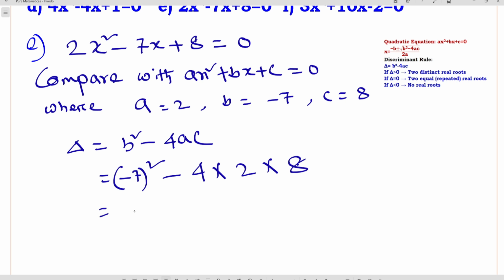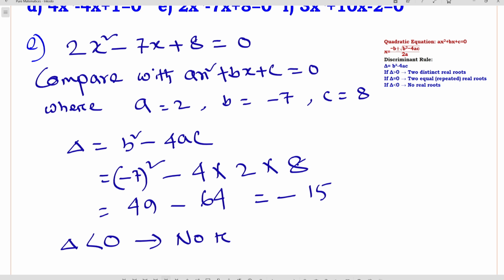So (-7)² is 49, minus will be plus because of the square, and here 4 times 2 is 8, and 8 times 8 is 64. So it will be 49 - 64, which is -15. Minus 15 means the discriminant is less than 0.